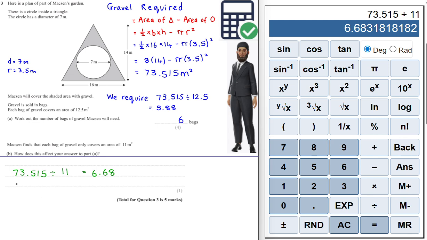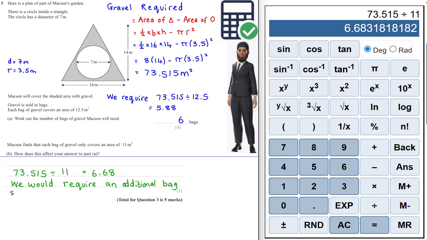So therefore, how does this affect your answer A? We would require an additional bag.